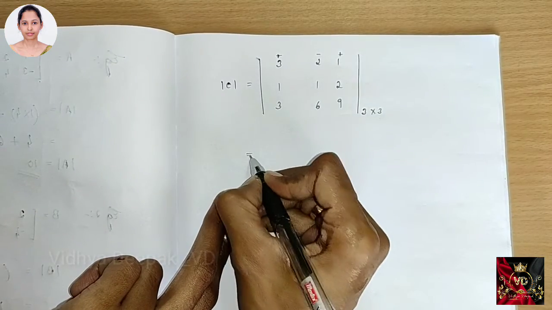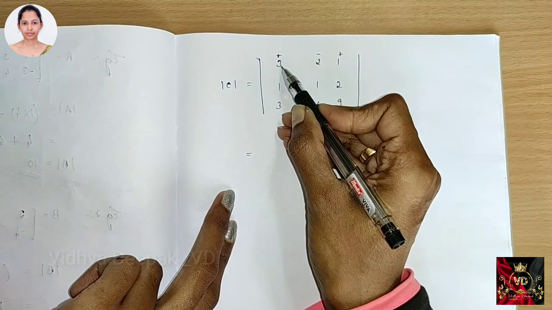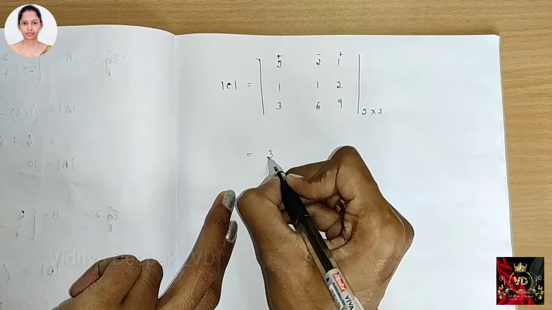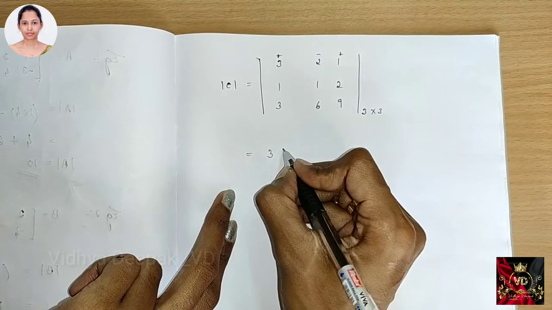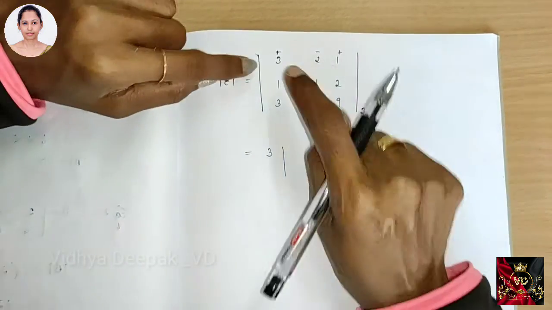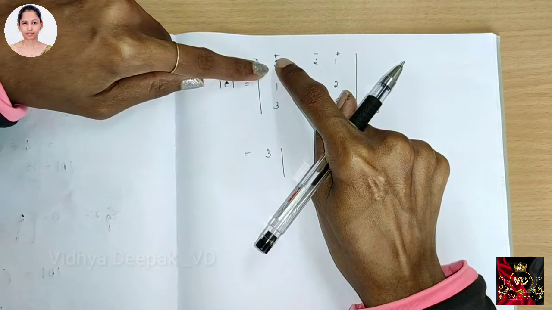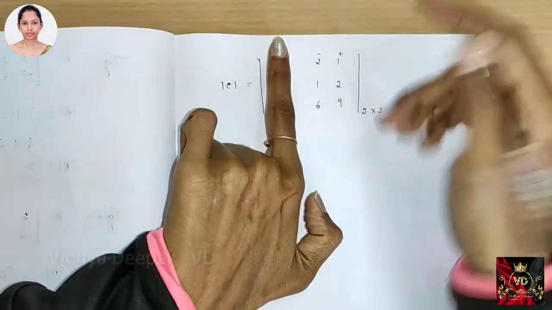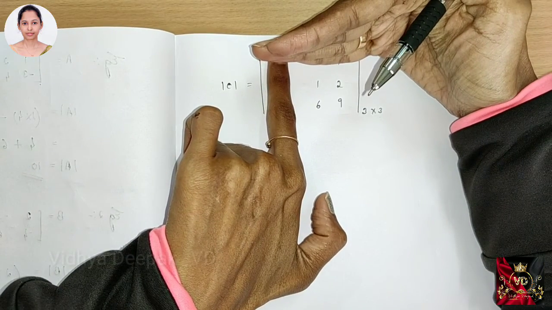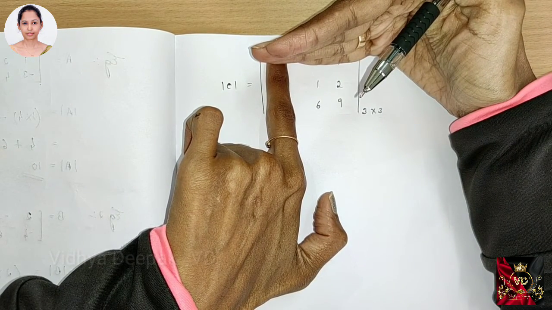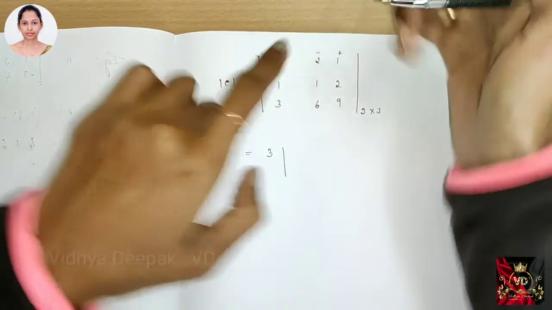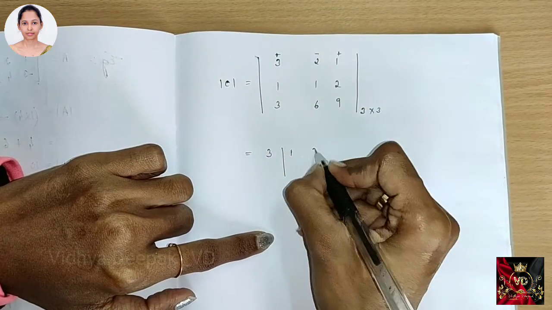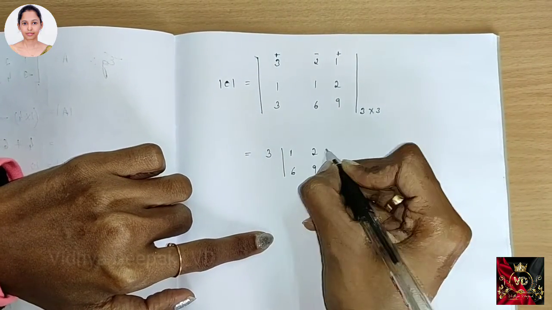So here we consider the first element, that is plus 3, into determinant of, we have to delete the row which this 3 is in as well as the column. That means this is the column and this is the row which we are deleting. What are we left with? 1, 2 and 6, 9. So we have to write determinant of 1, 2, 6, 9.